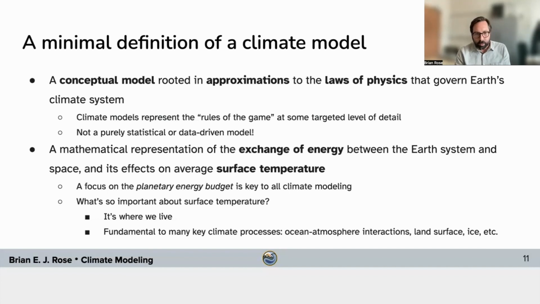Why is that the most important variable out of all the many things we could measure or quantify in the world? Well, a little bit arbitrary, but it is where we live, right here on the surface. But temperature, and specifically temperature at Earth's surface, is just fundamental to many key climate processes. And so it's sort of a proxy for many of the controlling factors of many of the Earth system processes that actually affect the planetary energy budget. So that's where we start.